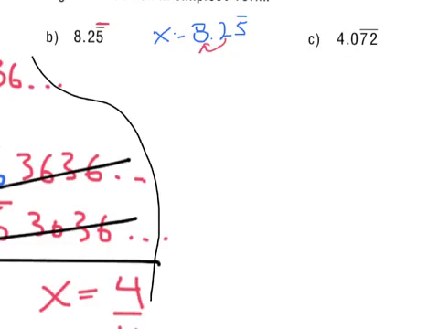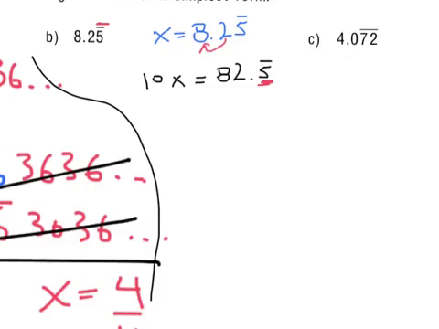So when I do that, I end up with 10x on the left side and 82.5 repeating on the right side. I just need to have just the repeating part on the right side of the decimal.